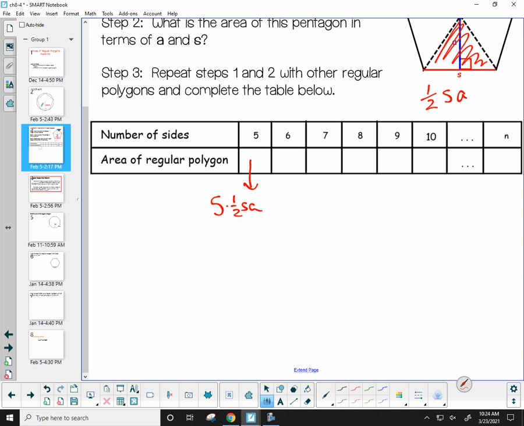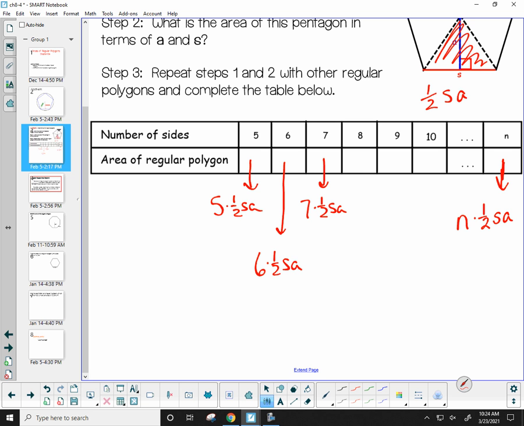How many triangles then? 6. 6 times 1/2 times S times A. What if I had a heptagon? 7. An octagon? This would keep going forever, but we're looking to find a formula. So if I had n sides, it would be n times 1/2 times S times A, with n standing for the number of sides.